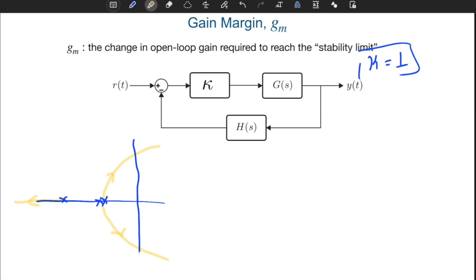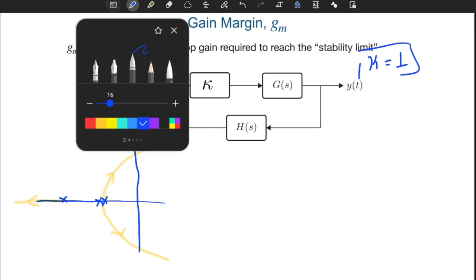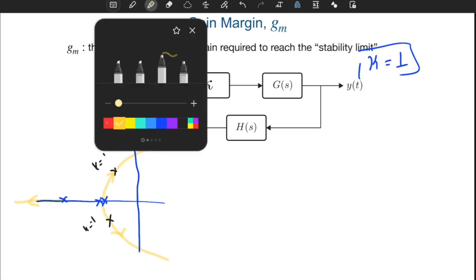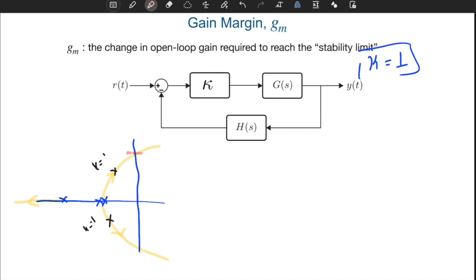We look at the change with respect to the nominal gain required to reach the stability limit. Let's assume that when k is equal to 1, our system is here. The closed loop poles are here. This is k equal to 1. If I increase my gain, at some point I will break the stability barrier, which is here.